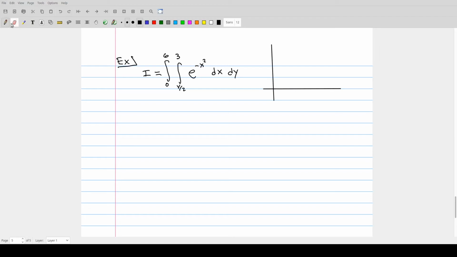So this domain is going from 0 to 6 in y. So I'll call this 3, call this 6 right here.